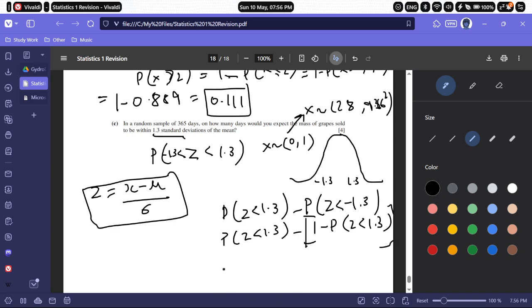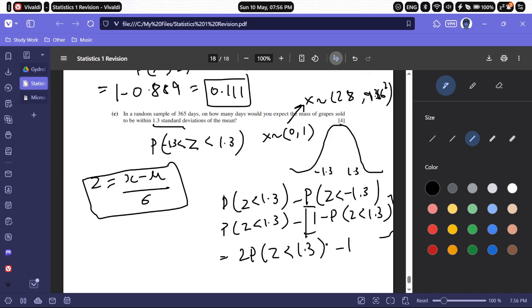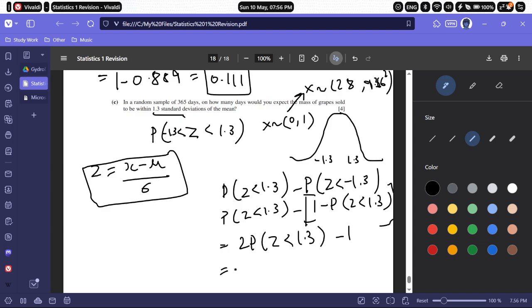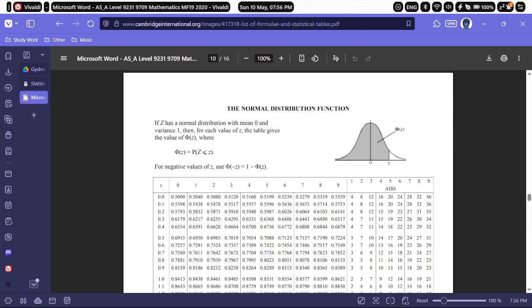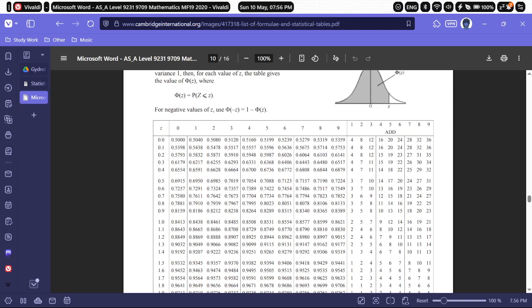We're almost done. So it's 2 times the probability of z less than 1.3, minus 1. Now you just find the area for that: 2 phi of 1.3 minus 1. So what's phi of 1.3? It's going to be 0.9032.